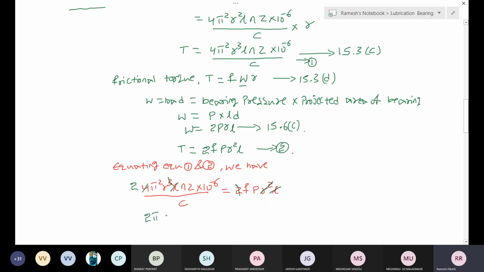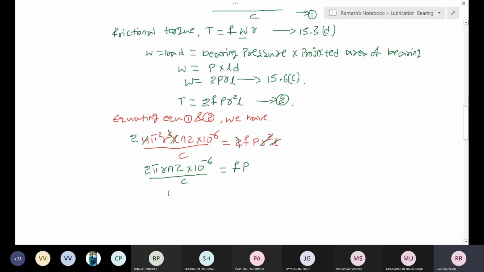Therefore, the remaining is 2 pi R into N Z into 10 raised to minus 6 divided by C is equal to F, that is the coefficient of friction, into the bearing pressure. We need to find out the coefficient of friction. Here I have taken it as F, better to write F only, otherwise you will have confusion. F is equal to, take this term to the left hand side.